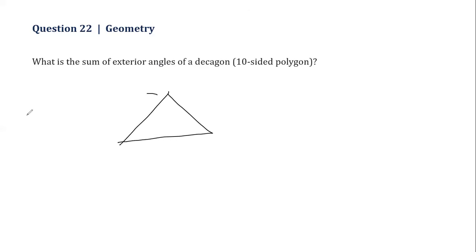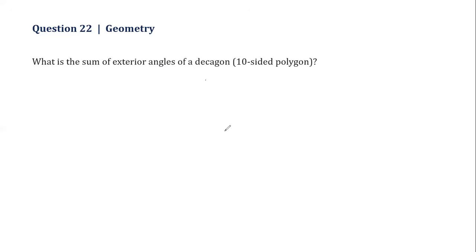An interior angle is this. If we extend this line, we get this angle. This is called the exterior angle. So it's asking, for a 10-sided polygon, what is the sum of all of the exterior angles?